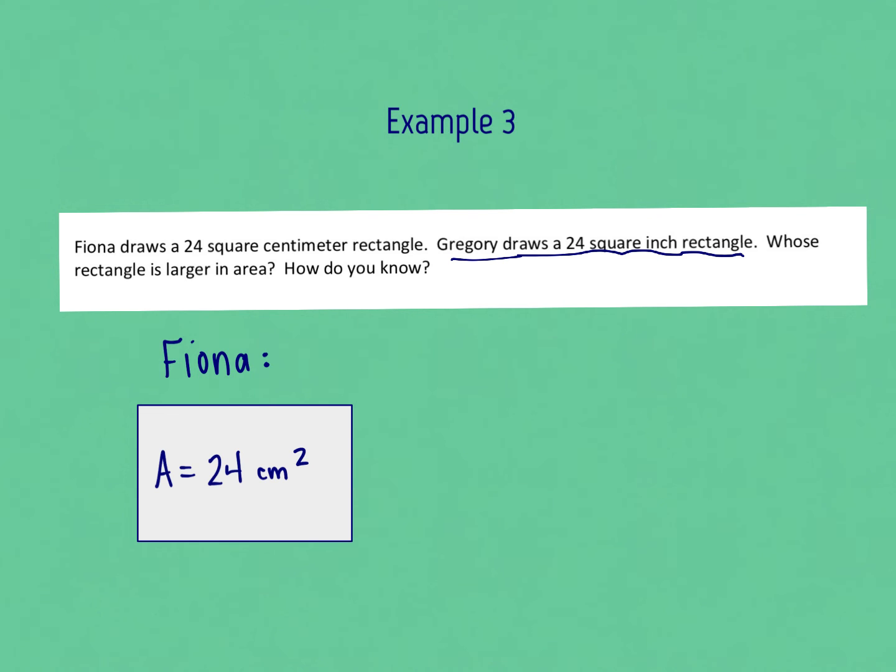We remember from our helper that 1 inch equals 2.54 centimeters. So if we start with 24 inches, we need to find centimeters so we can equally compare Fiona's rectangle and Gregory's rectangle. So we can do 24 over 1, then we multiply it because the inches have to cancel.